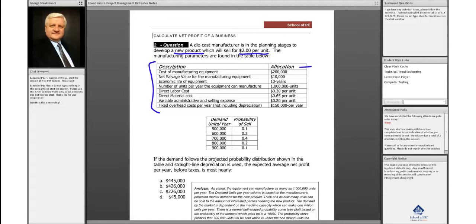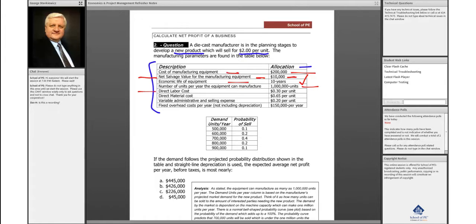As you can see, the cost of the manufacturing equipment is $200,000. However, there's this thing called a salvage value for the manufacturing equipment, which is $10,000. We have the economic life of the equipment, so it'll be available for production for 10 years. The number of units the equipment can manufacture is 1 million.